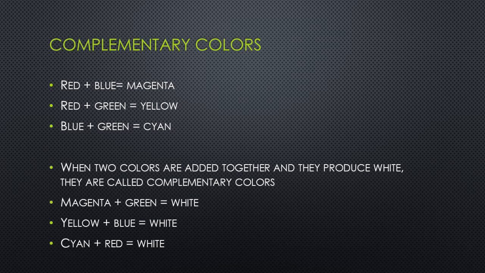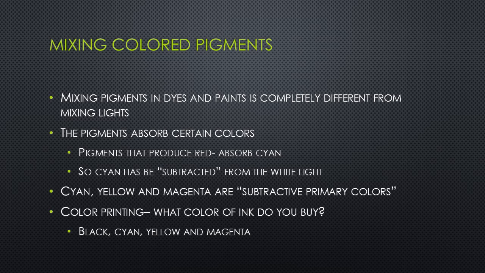Now, where you see the magenta, the yellow, and the cyan always are going to be in printer ink, okay? So if you go and you buy ink for your printer, you're buying black, yellow, magenta, and cyan. So keep in mind, remember, mixing pigments and dyes is completely different from mixing lights.